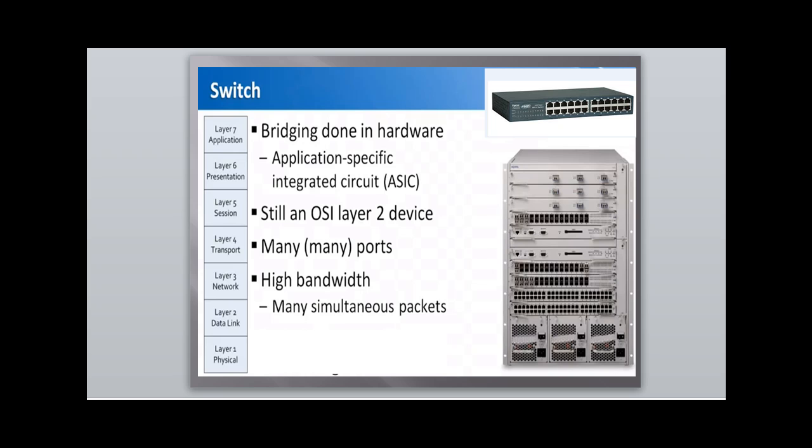And one more thing, the bridge was a software-based device, where the MAC table was stored in software, whereas in the switch there is something called a chip, an ASIC chip, application specific integrated circuit. In that chip, the MAC table was stored.